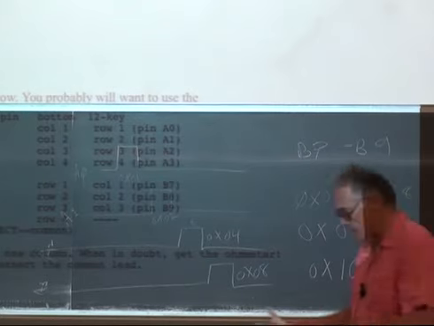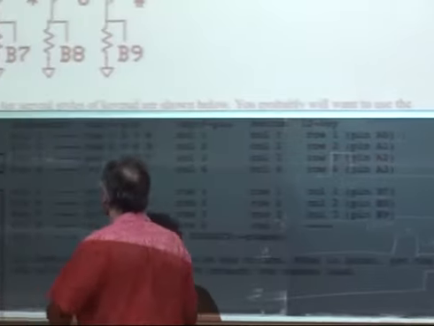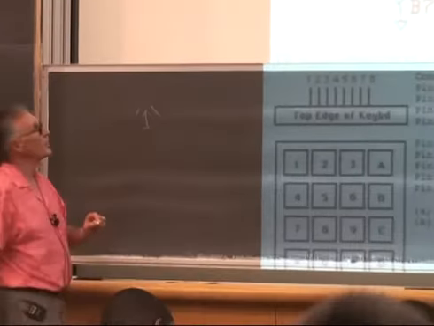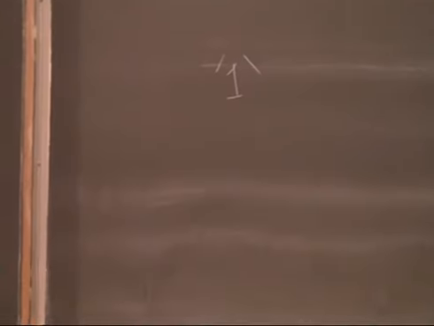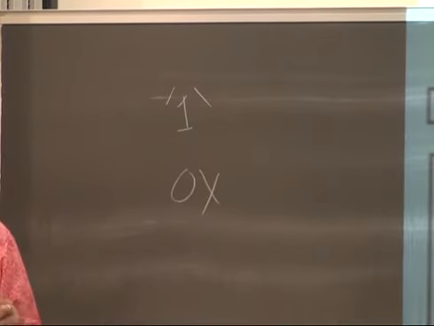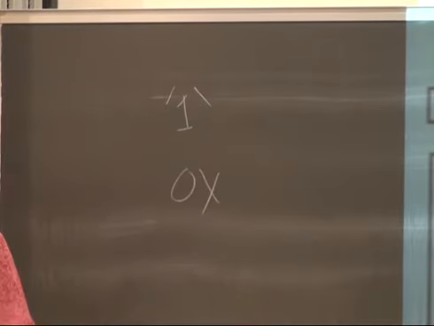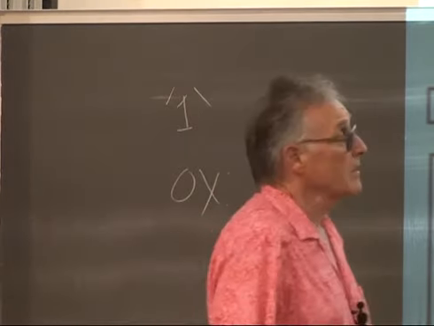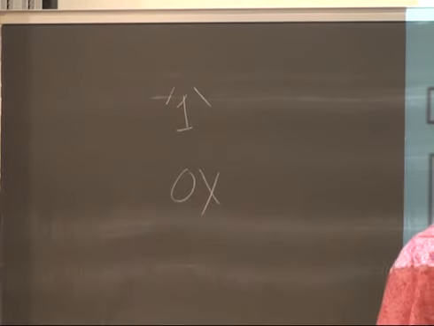So what's going to be the scan code for button 1? Button 1. What's the scan code? That means when A0 goes high, the A port, A0 through A3, will have value 1.